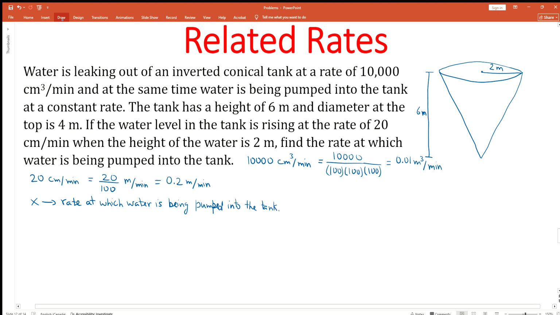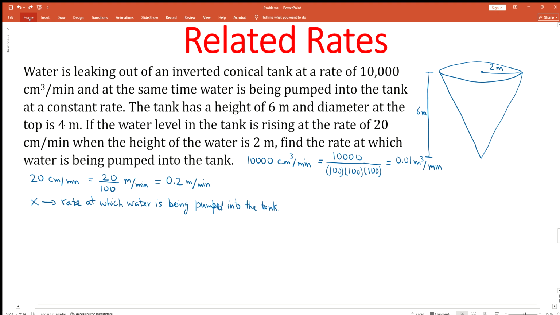As per the problem, the water level is rising in the tank. That means the rate at which water is being pumped into the tank is greater than the rate at which water is leaking out of the tank.